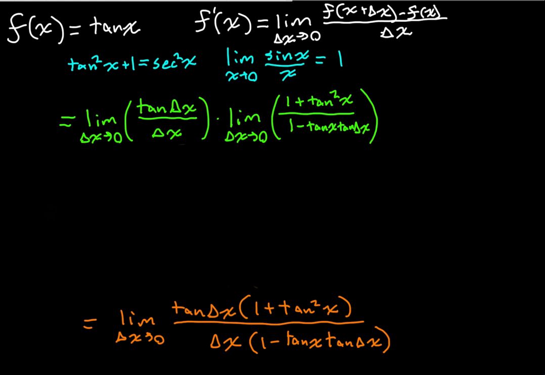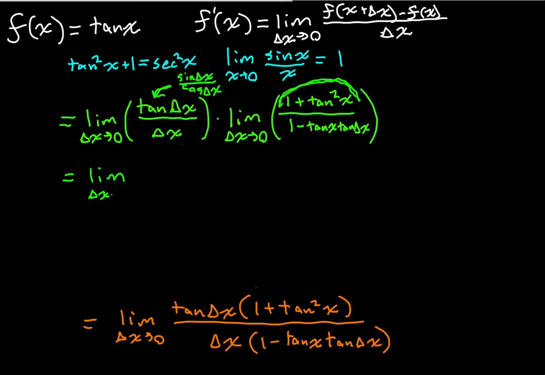So now then, what does that mean? Well, that means that we can turn this part up here into secant squared of x. Alright, and I'm going to do one other thing to this other part. Over here, tangent of delta x is the same, we're going to say this is sine delta x over cosine delta x. Right? It's just two little simplifications that we're doing.